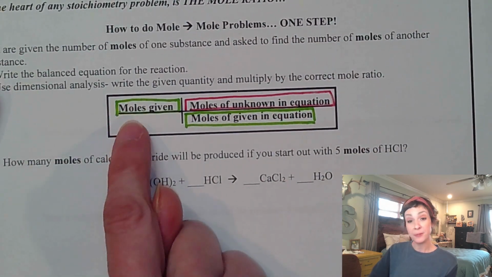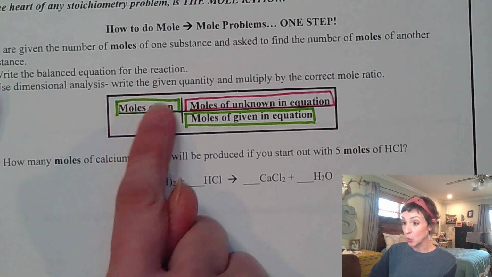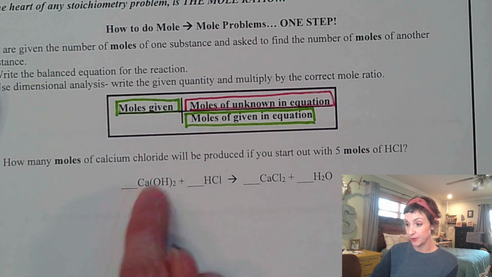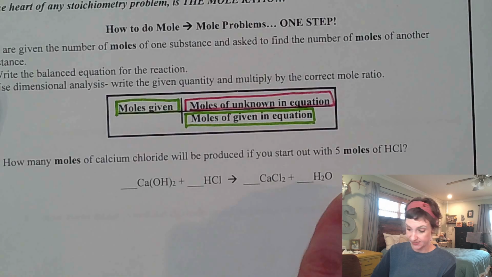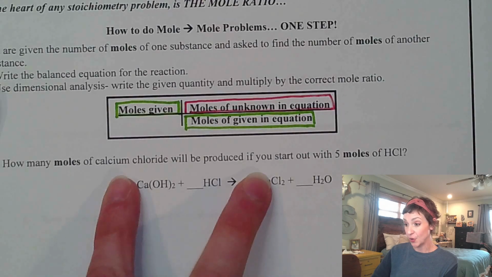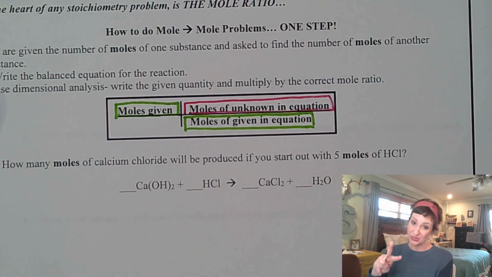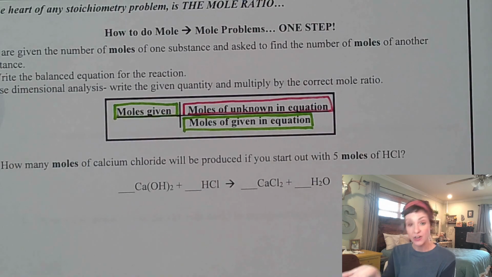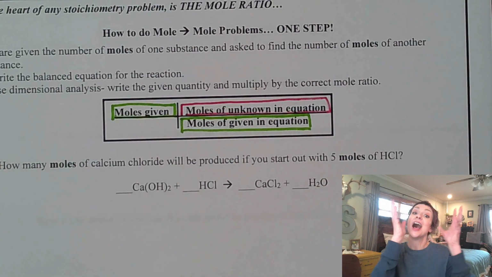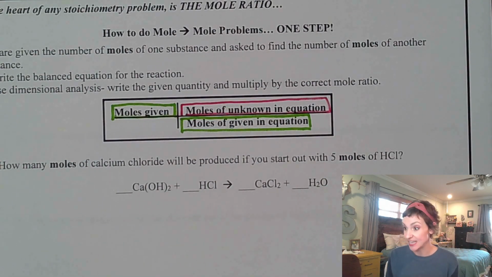When I'm applying my one-step conversion, I start with the moles of my given amount, whichever reactant or product in the chemical equation I've given you the moles for. Then you use the conversion factor, applying the coefficients between those two substances, where you're starting from and where you're trying to get to, to calculate how many moles of the ending substance you need to find.